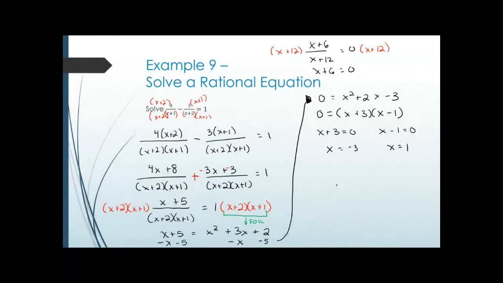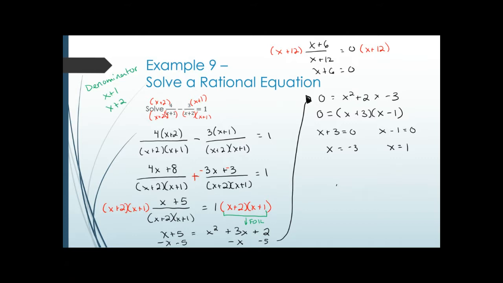Then we need to double check that we're not making the denominator equal to 0. In my denominator, we have two things: x plus 1 and x plus 2. We need to make sure that if I plug in negative 3 or 1 into either of those, I'm not getting 0. If I plug negative 3 into x plus 1, I get negative 2, so that's not 0.